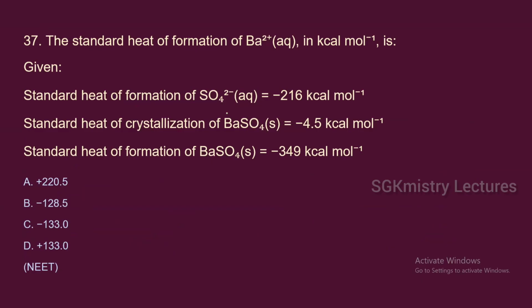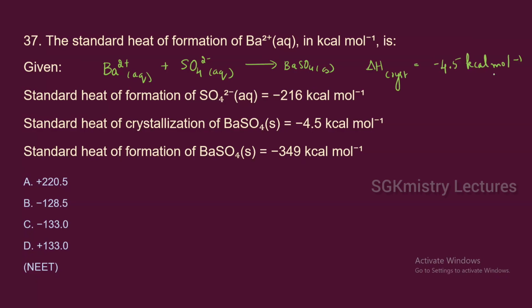So first of all, we know that Ba2+ aqueous plus sulfate aqueous gives BaSO4 in the solid state. Now this is nothing but the crystallization. So we know that delta H of crystallization is given as minus 4.5 kilocalories per mole.